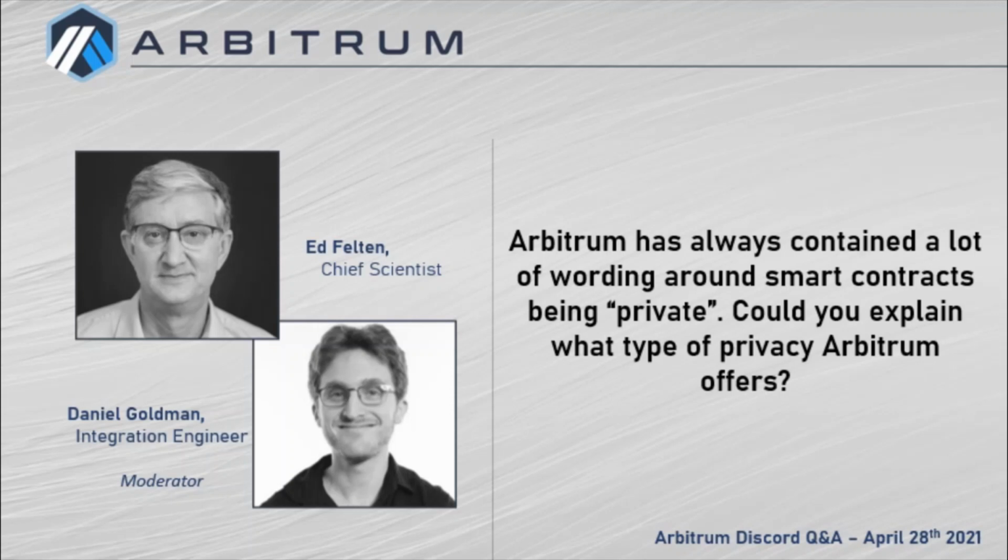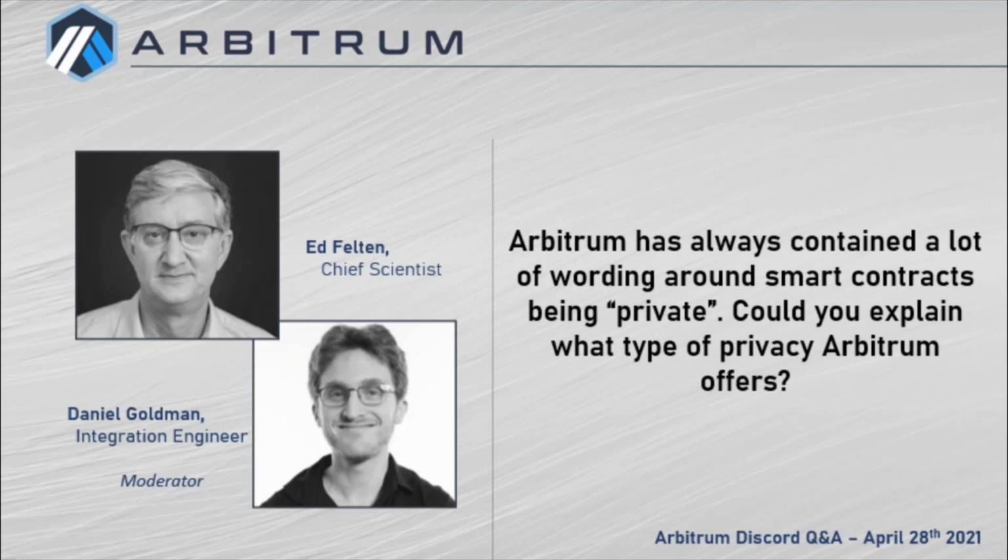And down the road, we're going to be offering variations on the basic Arbitrum technology that let people make those trade-offs in ways that they want, with some really interesting and innovative approaches to combining trustlessness and privacy. But that is in the future. Right now, we're really focused on Arbitrum rollup and getting that delivered and on mainnet.